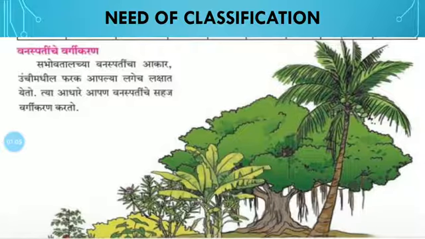After that, autotrophic plants, heterotrophic plants, insectivorous plants, and the structure of a plant, in that different organs of the plant like root, stem, leaf, flower, fruit, etc. There are types of roots and leaf, that is two types, simple leaf and compound leaf.